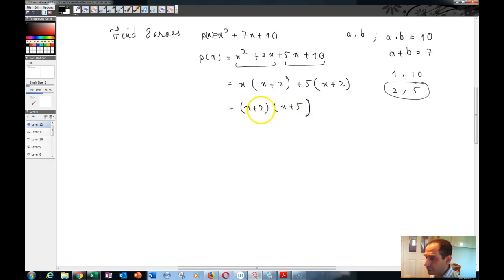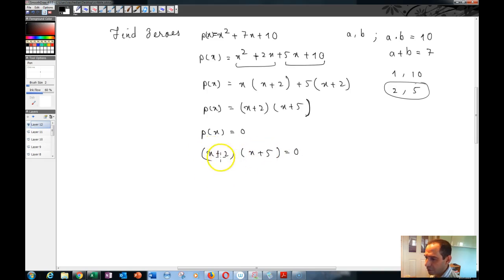Now, the zeros are basically the values of x for which the output of the polynomial is equal to 0. So this is p of x, and if you set p of x equal to 0 to find the zeros, that means x plus 2 times x plus 5 is equal to 0.